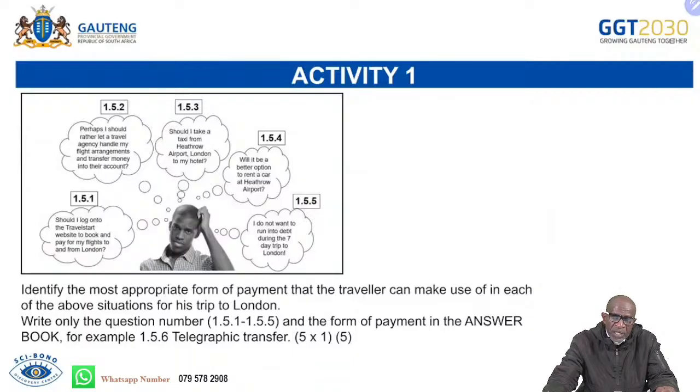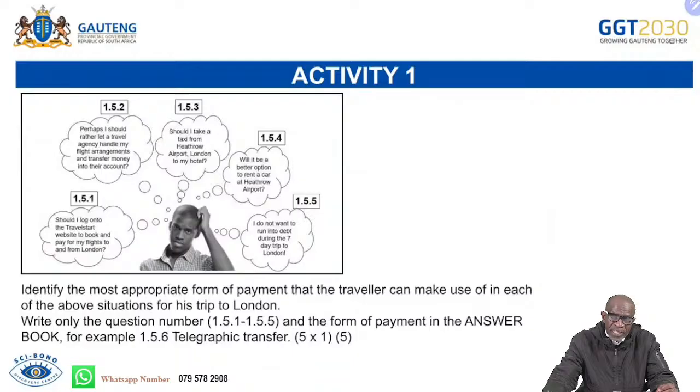1.5.3 says, should I take a taxi from Heathrow Airport, London, to my hotel? 1.5.4 says, will it be a better option to rent a car at Heathrow Airport? And 1.5.5 says, I don't want to run into debt during my 7-day trip to London. Now, here is the question.